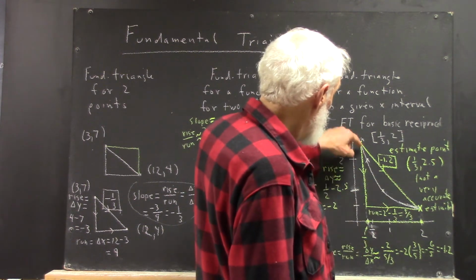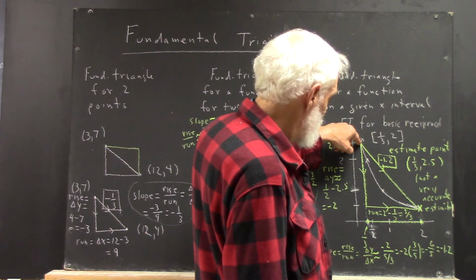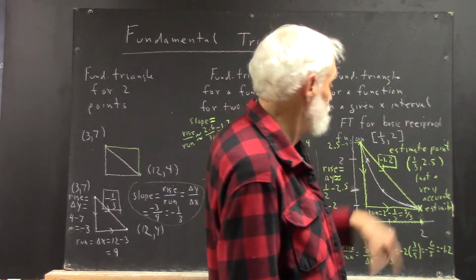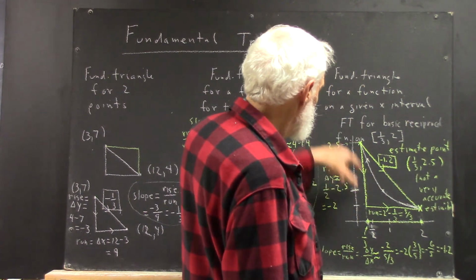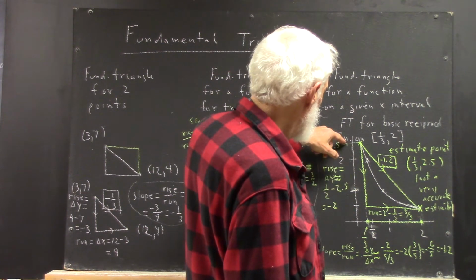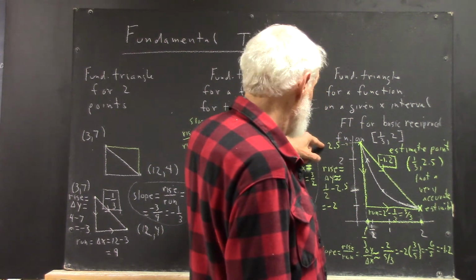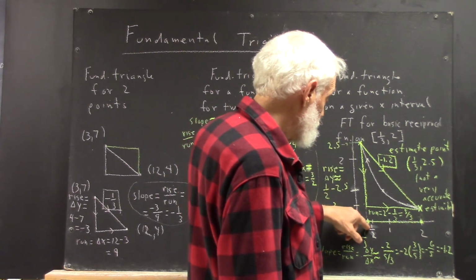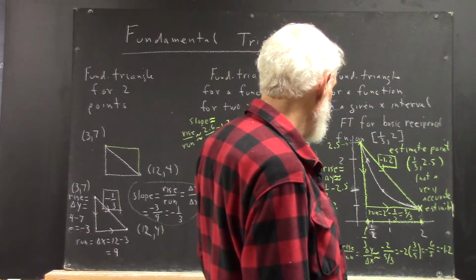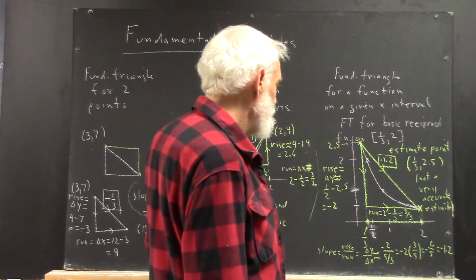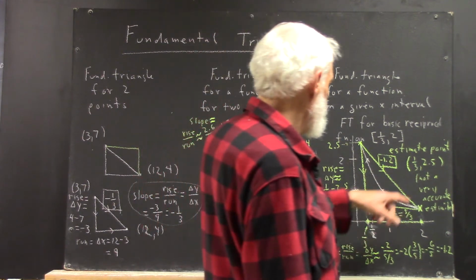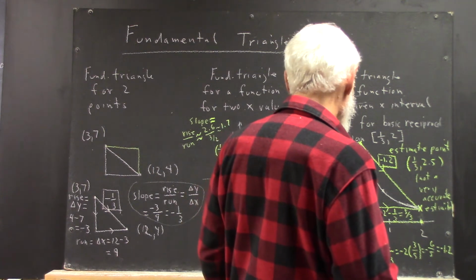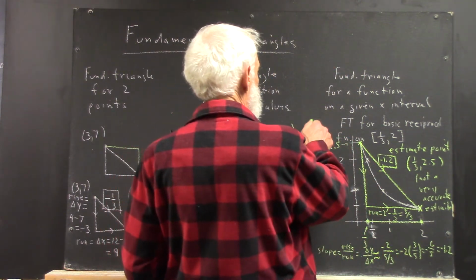Now, the coordinate of this point should actually be 3 because 1 divided by 1/3 is 3. But in the spirit of doing estimates, I estimated that this was 2.5, not 3. So this is an approximate estimate of the coordinate corresponding to x equals 1/3. I then estimate the point 1/3, 2.5, and I should have labeled that a little better.